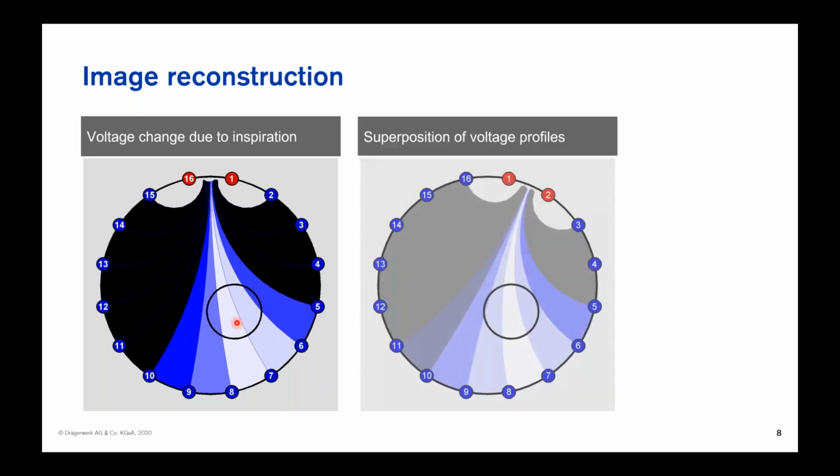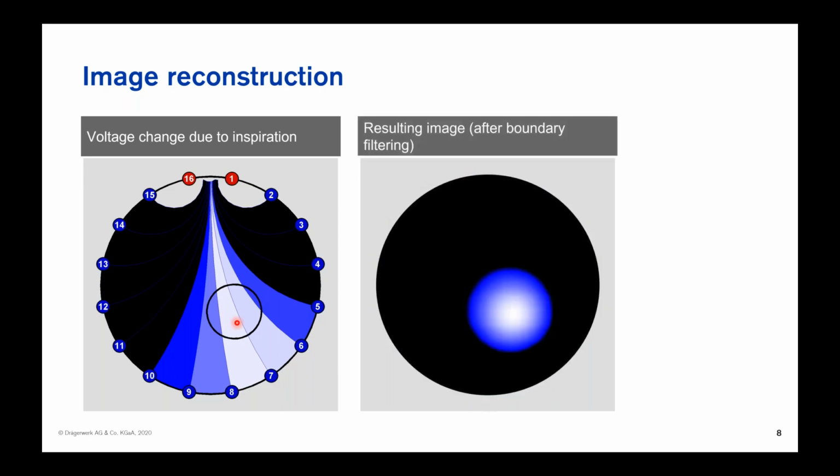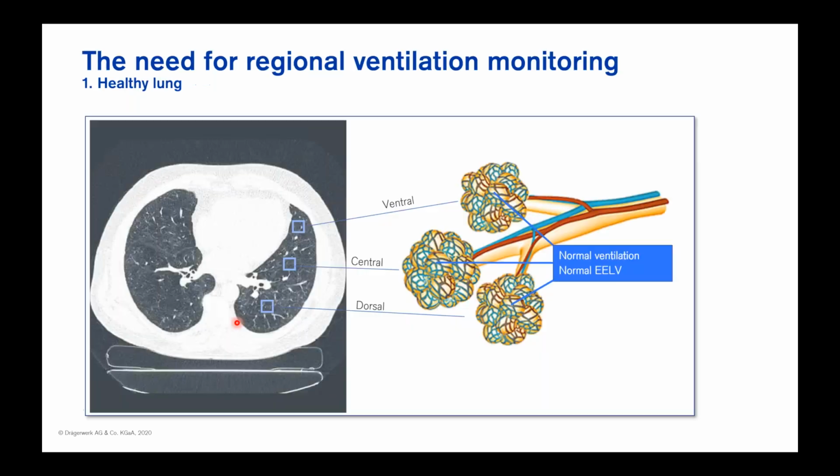And if we superimpose the voltage profiles above each other, then you can see how stepwise such a regional information is generated. And by the way, this kind of reconstruction algorithm is pretty similar to what we do in the CT scan, even though there are some fundamental differences between these technologies.